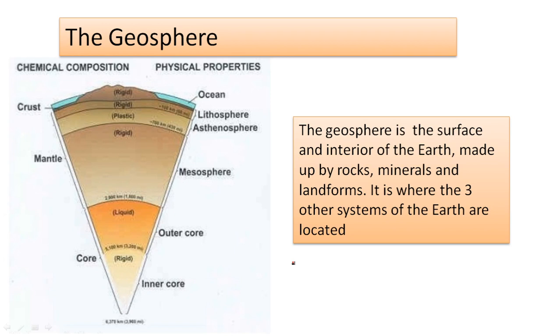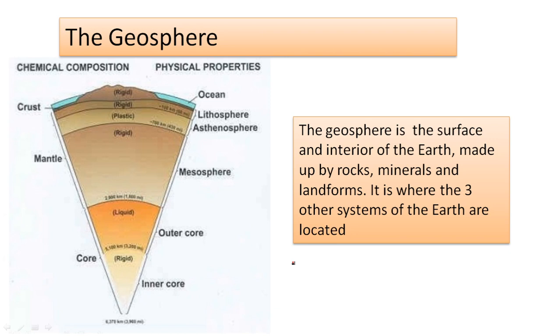So what is the geosphere? The geosphere is the surface and interior of the earth made up by rocks, minerals and landforms, right? This layer, the geosphere, can be divided into three other systems or layers.